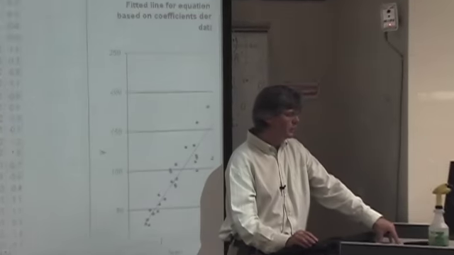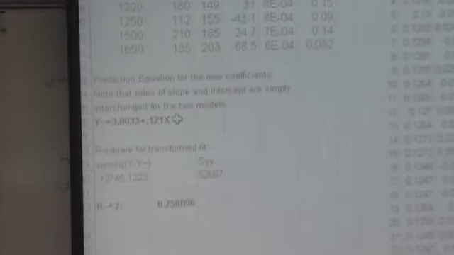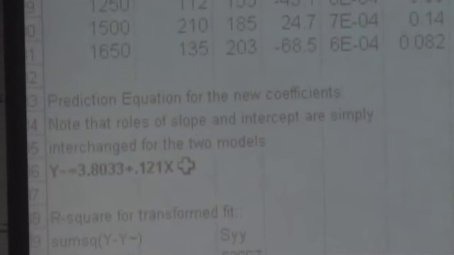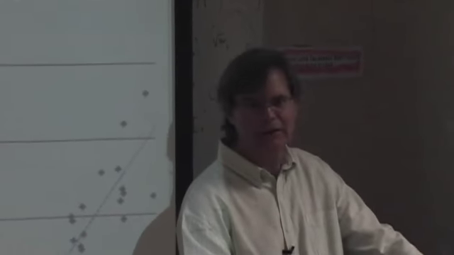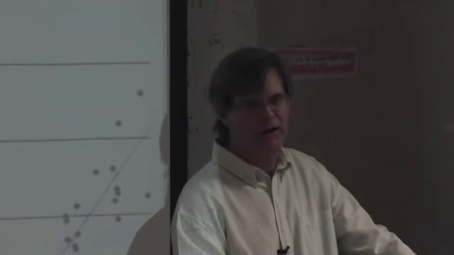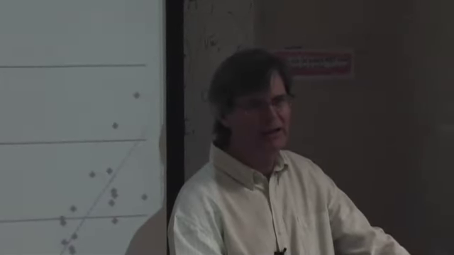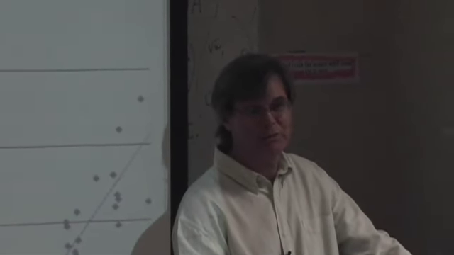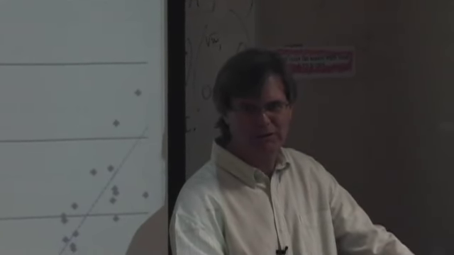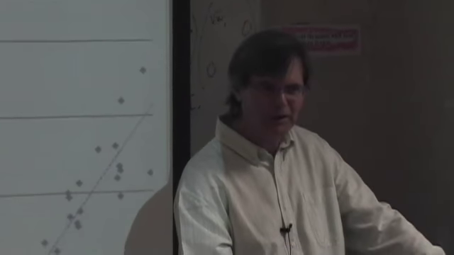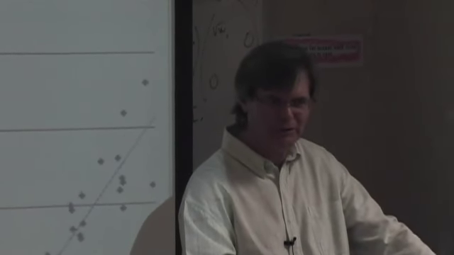The prediction equation for the new coefficients was here. I called it y tilde. That's my weighted least squares line. Now, since it's a straight line fit to the data, if I take that as my prediction, y minus y tilde, and square the errors, I have to get a residual sum of squares bigger than my original for simple linear regression, because simple linear regression gives you the smallest possible residual sum of squares for a linear fit.